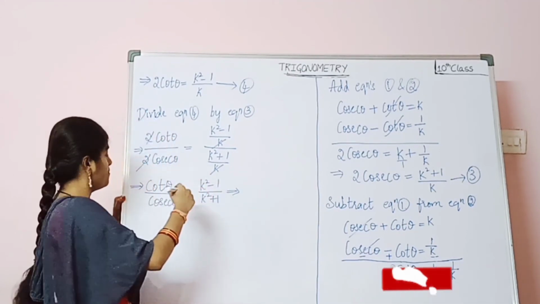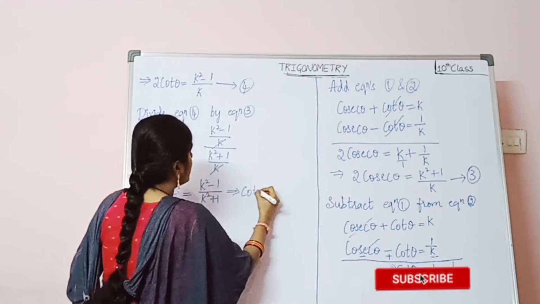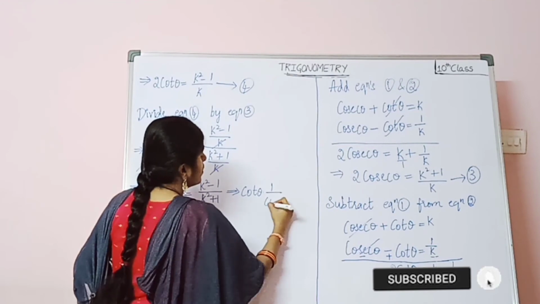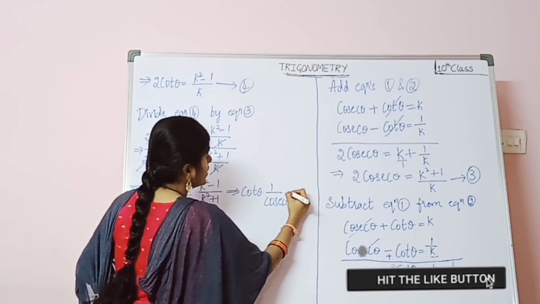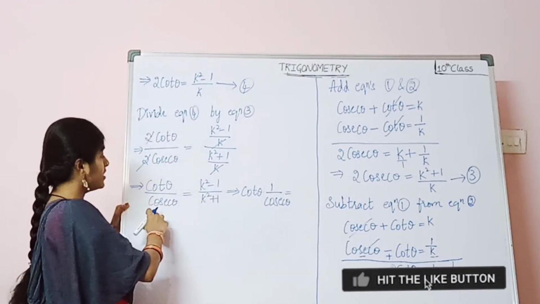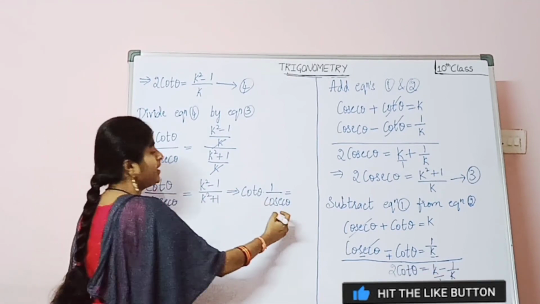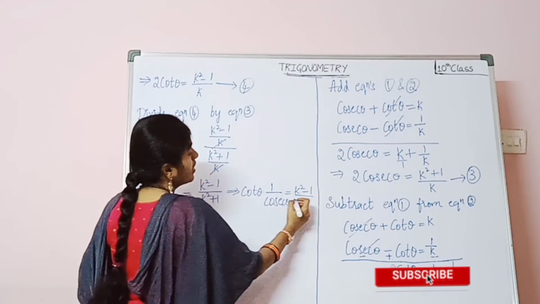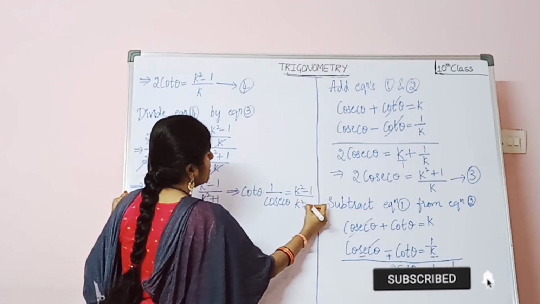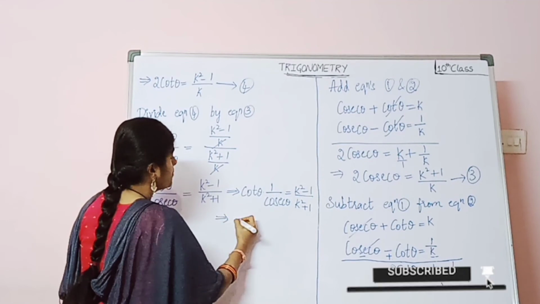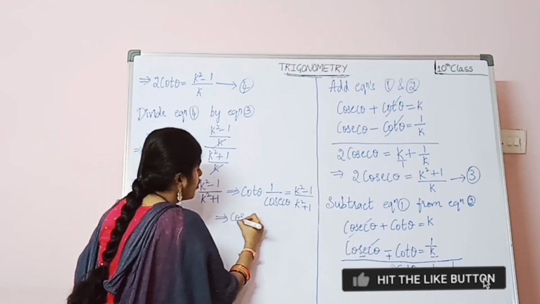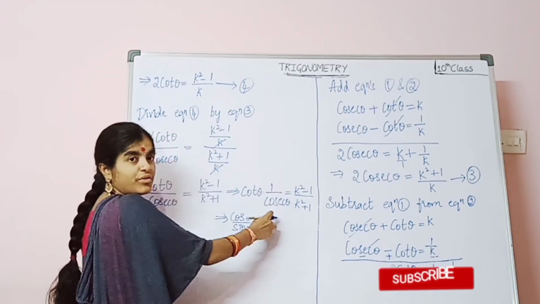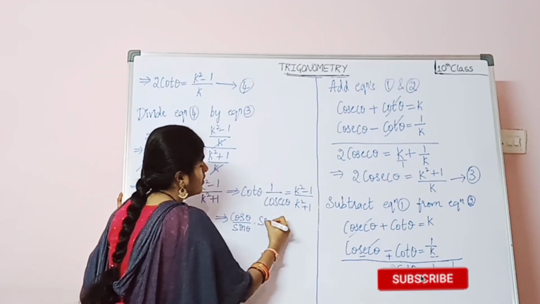That implies cot theta, now we separate this, cot theta into 1 by cosecant theta equals K square minus 1 by K square plus 1. Cot theta can be written as cos theta by sin theta, and 1 by cosecant theta can be written as sin theta.